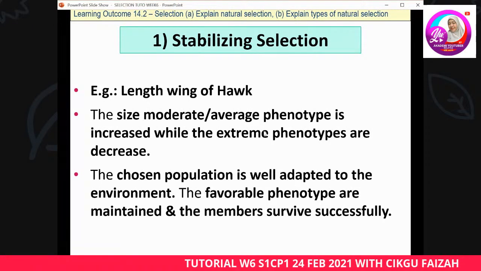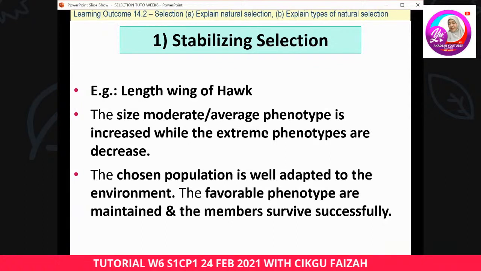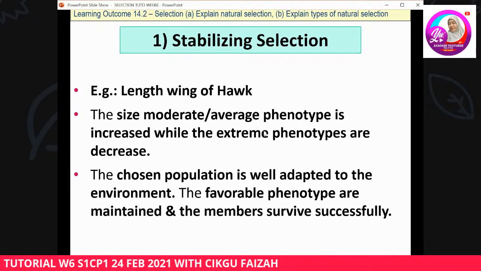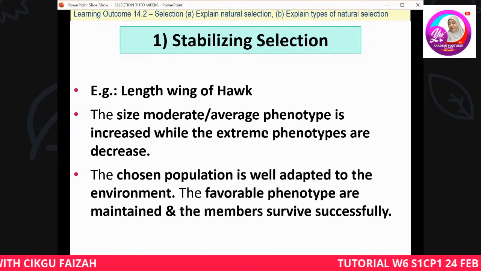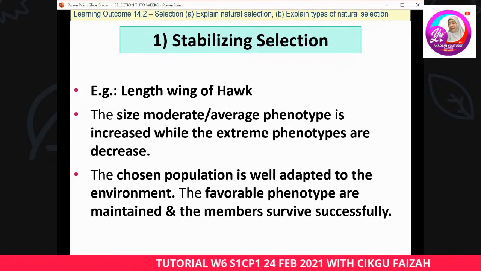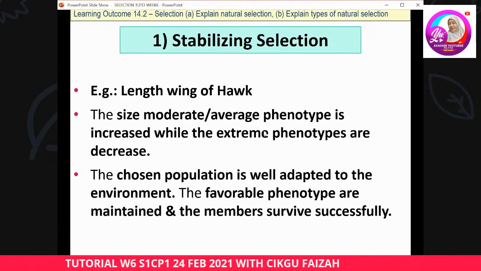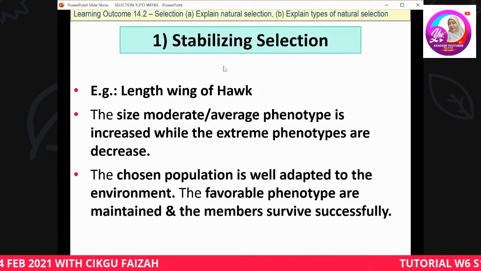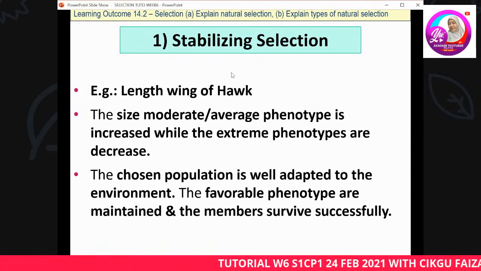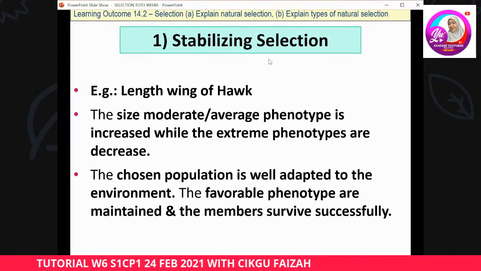If you still remember when you learned about the tropical rainforest, the strata, in the emergent strata the animals that can be found are the tualang bee and also the eagle, or the hawk. So the wing length of the hawk will determine the survival of the hawk, as they live in the emergent strata in the tropical forest.